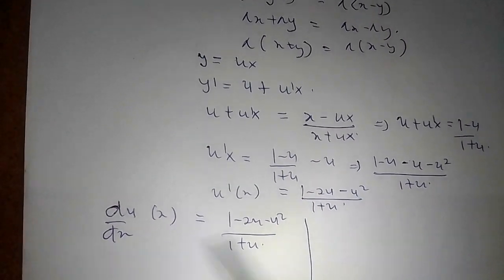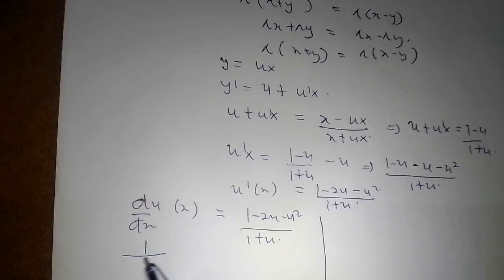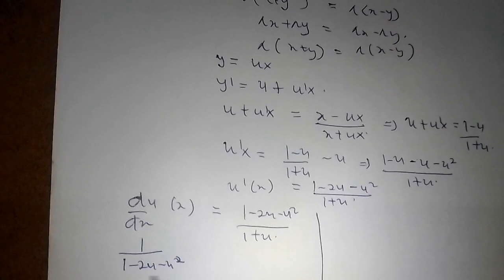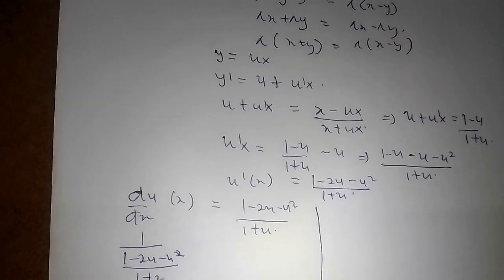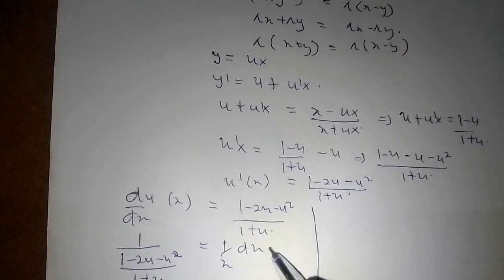For the first time, let's do our separation. So I'm going to get 1 over the expression (1 minus 2u minus u squared) all over (1 plus u) to be equal to 1 over x dx.